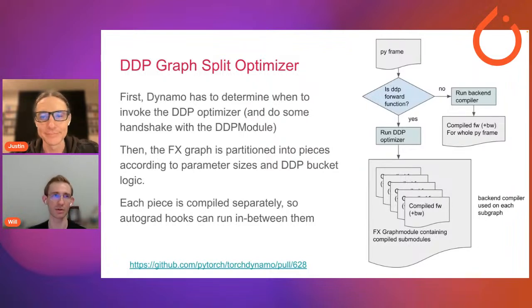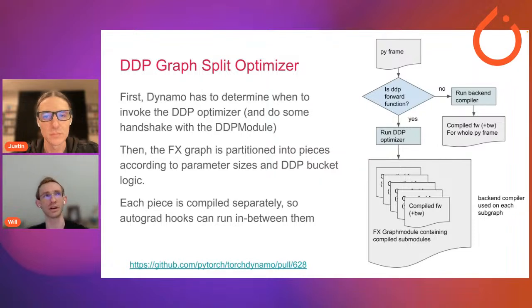So we just need to know what the logic is for DDP's bucketing, so that we can break the graph up in the same way that DDP produced buckets, and produce matching graph breaks that allow the DDP communications to interleave between them. I'll show the code for this in a bit, but the gist of it is to take a single graph for forward and then split it up into multiple graphs for forward.